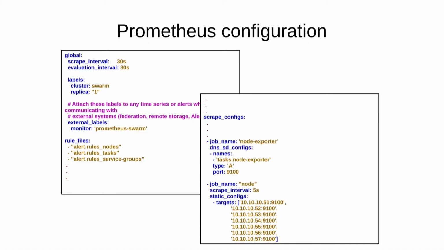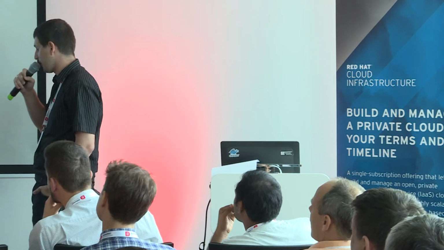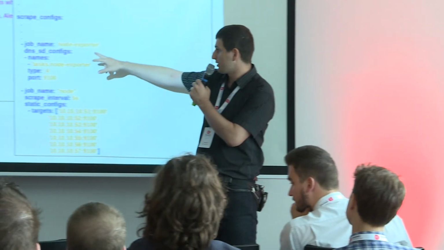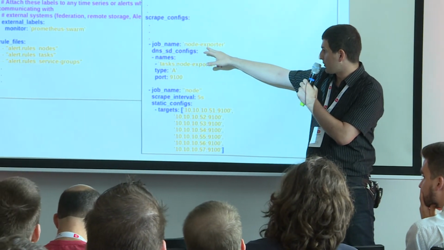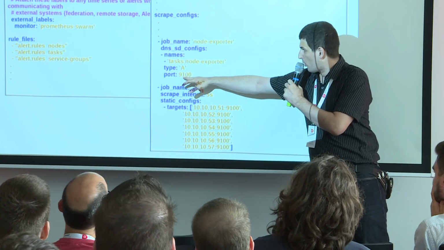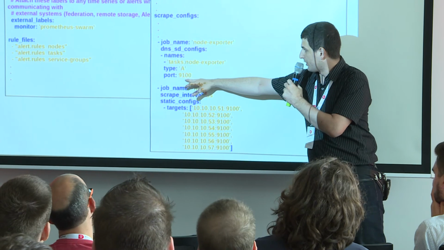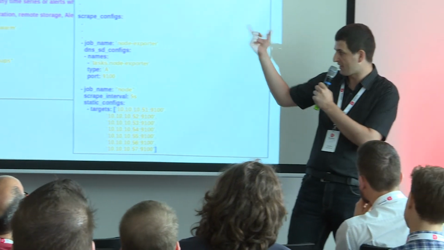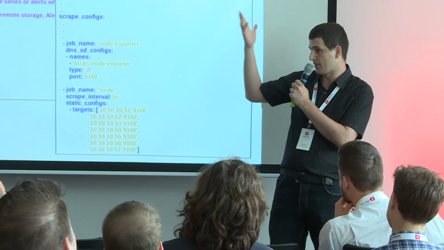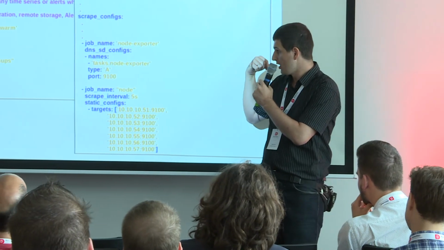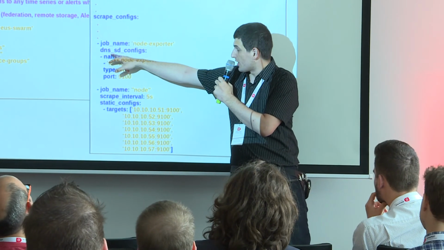This is a Prometheus configuration file. What is really interesting is that you just say this is the job name, and I want to use it to find port 9100, where the node exporter will be exporting the metrics I am interested in. And I want to use DNS, basically.